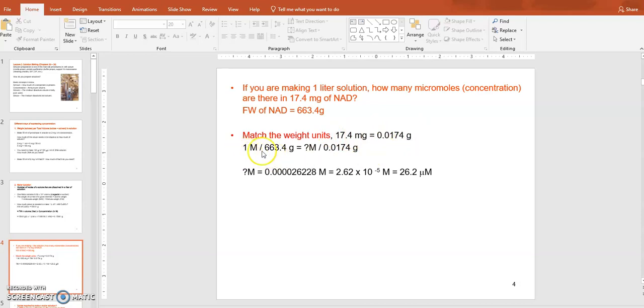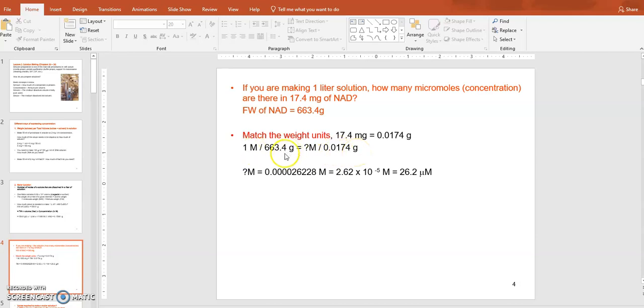In 1 mole concentration, you will have 663.4 gram of NAD. But right now, you only have 0.0174 gram of NAD. How much of that will be in mole concentration? It's a kind of equation. So 1 mole per 663.4 gram, then how many moles would that be in 0.0174 gram?